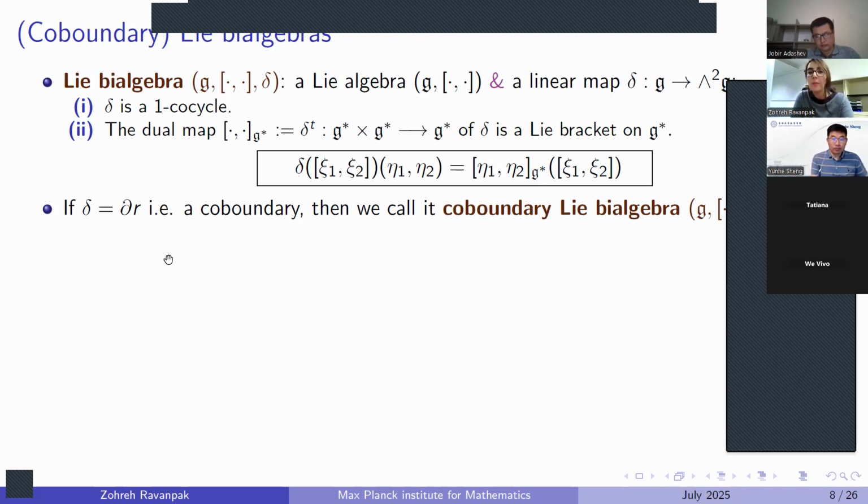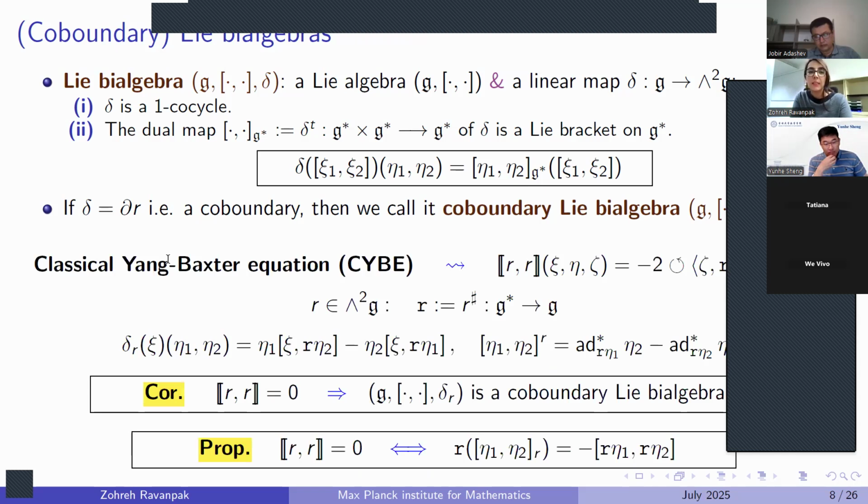Then we have a coboundary Lie bialgebra if the associated cocycle is a coboundary. This is by definition. There is a sufficient condition to have coboundary Lie bialgebras by using the solutions of the classical Yang-Baxter equation.